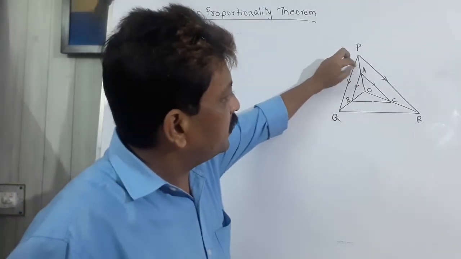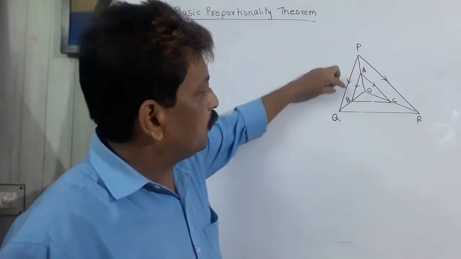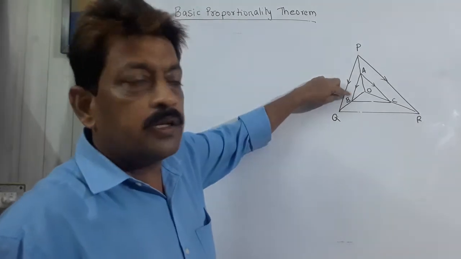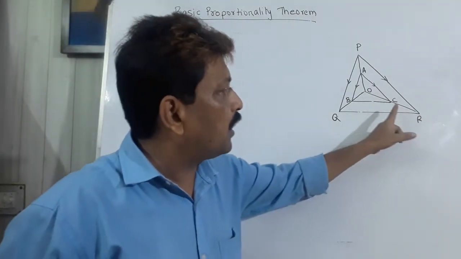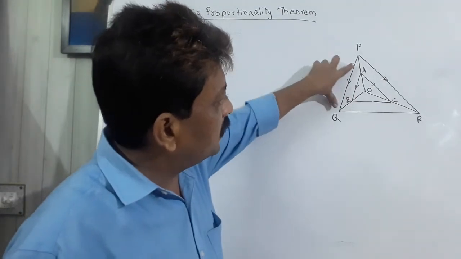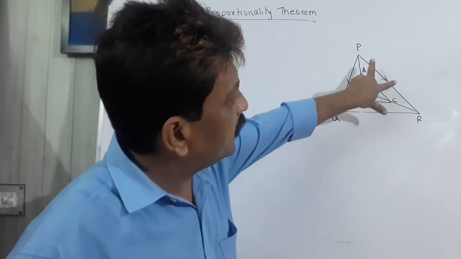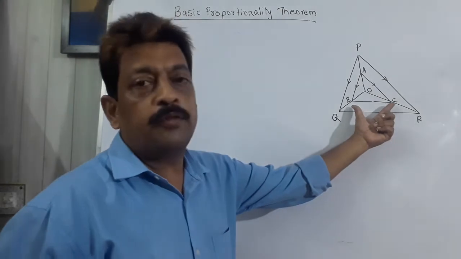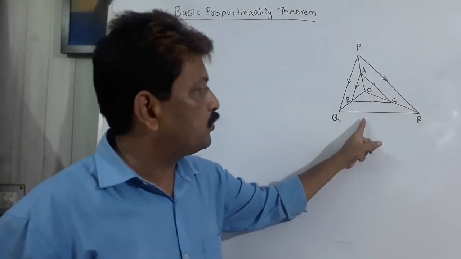Now on OP there is a point A, on OQ there is a point B and on OR there is a point C, such that AB is parallel to PQ, AC is parallel to PR. We have to prove that BC is parallel to QR.